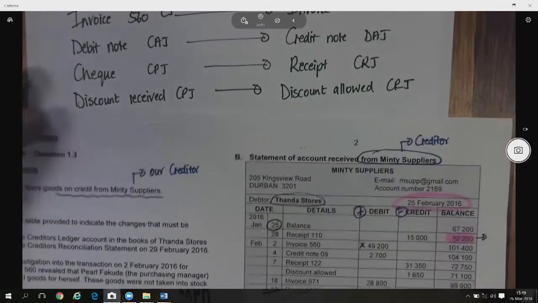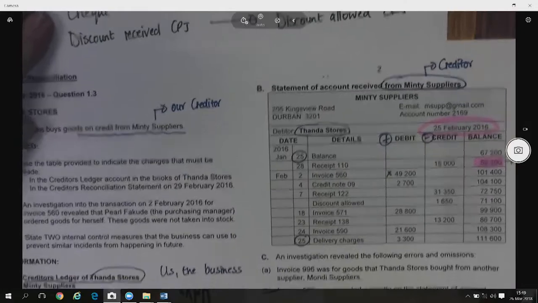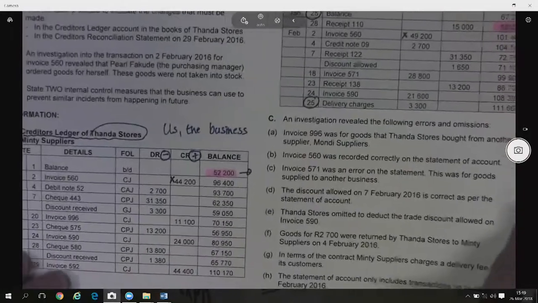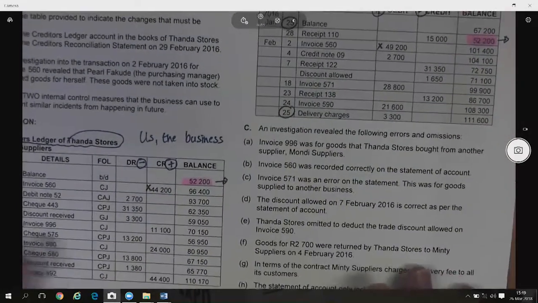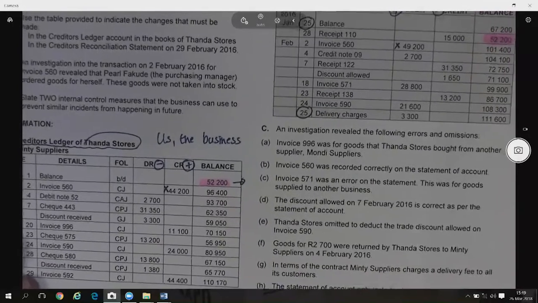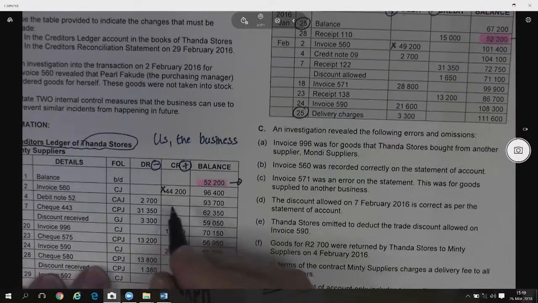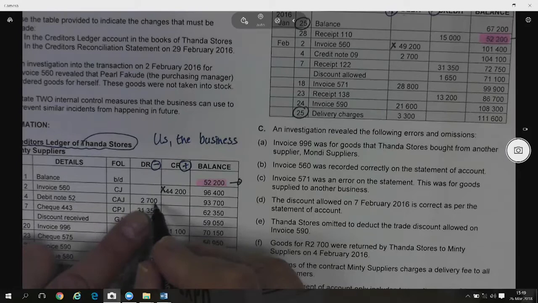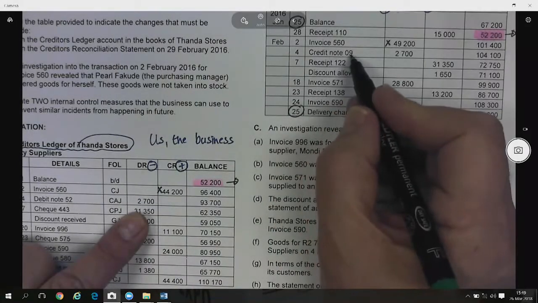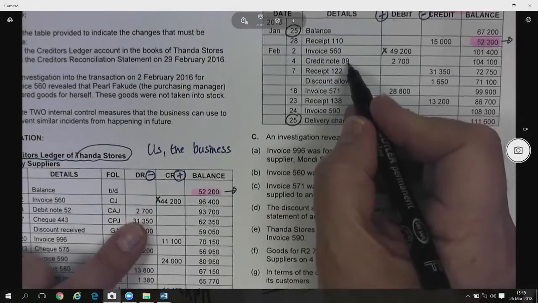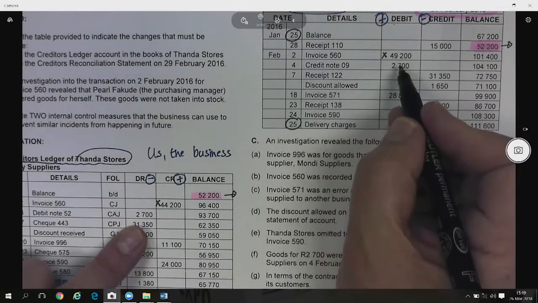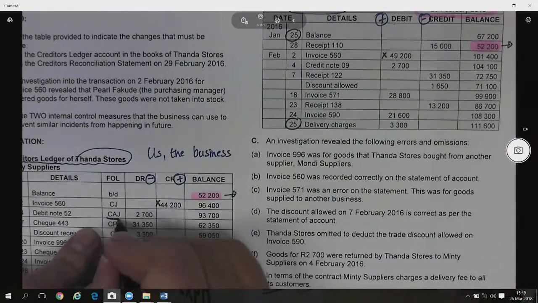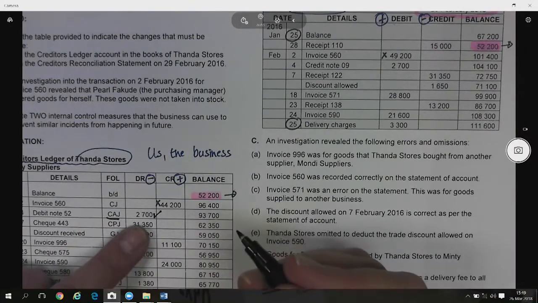Okay, so we are busy here and we already did the invoice, but there's a mistake somewhere. I've got debit note number 52 there on the minus side, and I've got a credit note, don't look at the numbers, it will not be the same, on the plus side. CAJ means that we owe less, so that one is 100% correct.